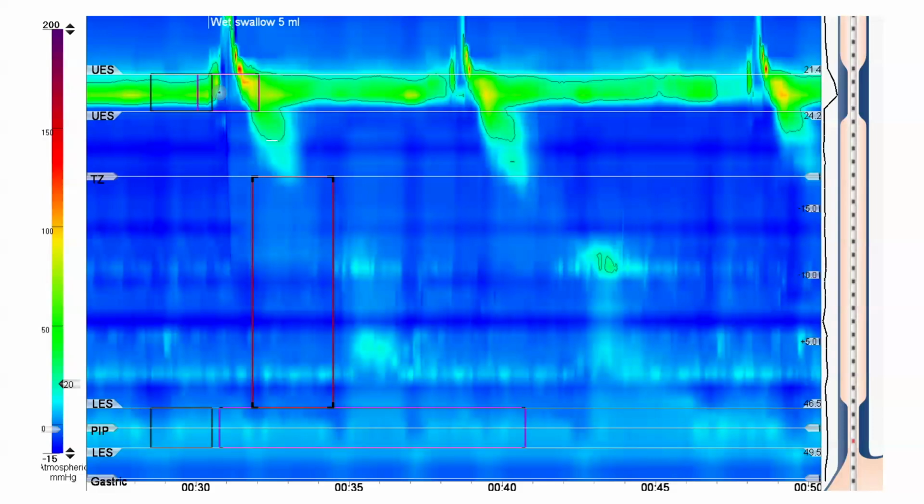So if we have this failed peristalsis, as we said, where 50% or more of contractions are not being transmitted as they should, these patients, from my experience, usually fluctuate in their symptoms. They'll be up and down.